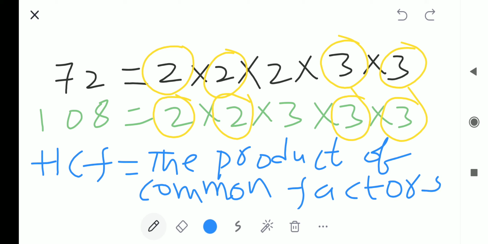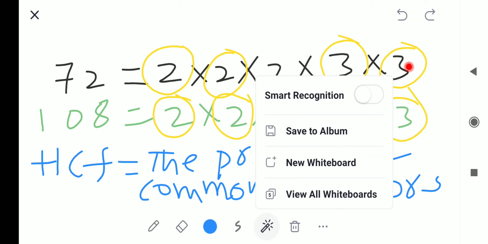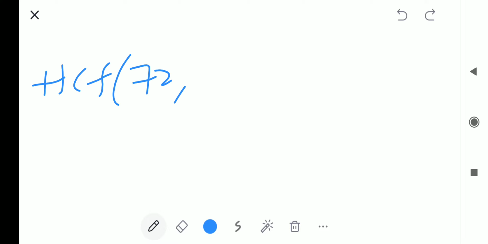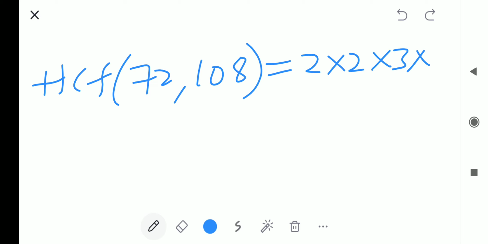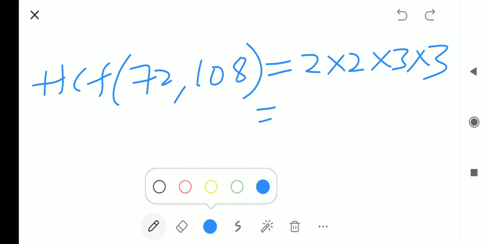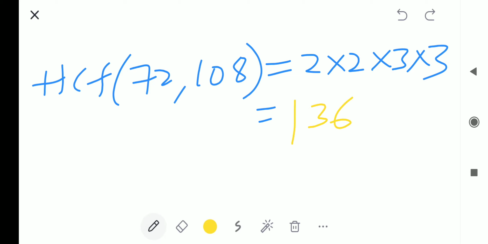What are the common factors, children? 2, 2, 3, 3. That I can write on the next page. So HCF of 72 and 108 is equal to 2 into 2 into 3 into 3, which is nothing but 2 2s are 4, 4 3s are 12, 12 3s are 36. 36 is the answer.